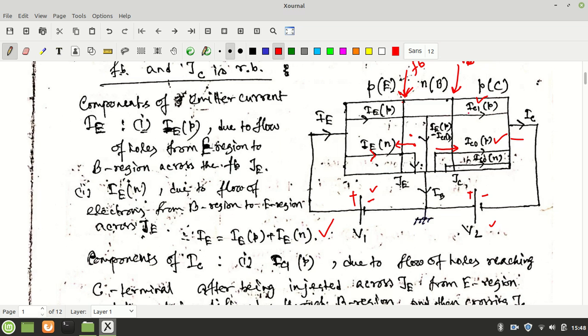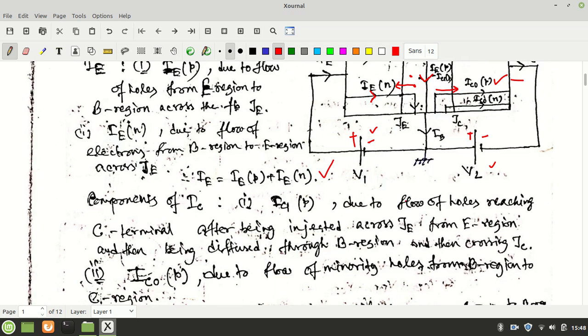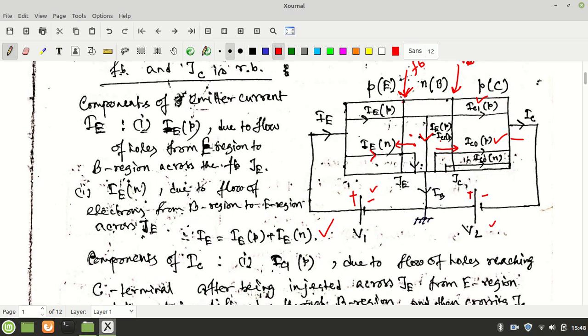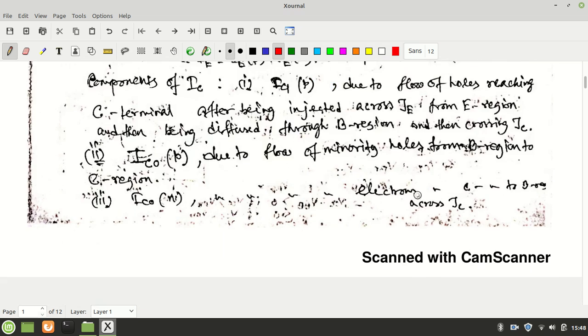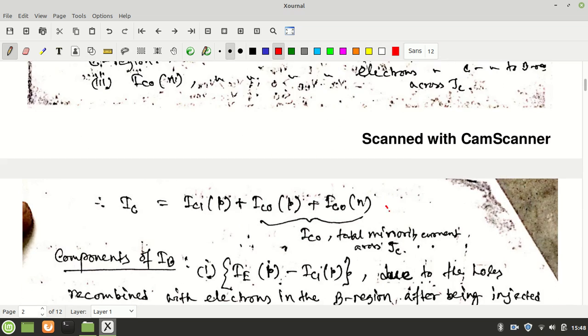That component of positive current, that is hole current, is called IC1P. The rest of the current, IEP minus IC1P, is the recombination current, which will go to the ground. So the direction is like that. The current components of the collector are three: IC1P and two minority currents. So it is written over here.